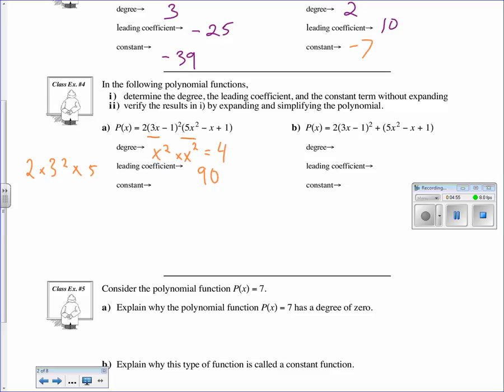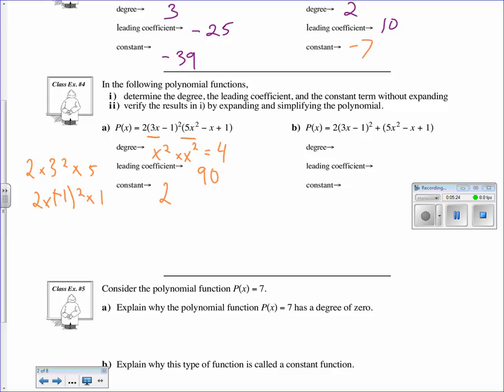My constant comes from looking at the terms that don't have x's in them, the minus 1 and the plus 1. So the minus 1 will get squared. That's minus 1 times minus 1 is 1, times that 1 is 1. So that's minus 1 squared times by 1 and then times by 2. So my constant term that's going to come out of that one is a constant of 2.